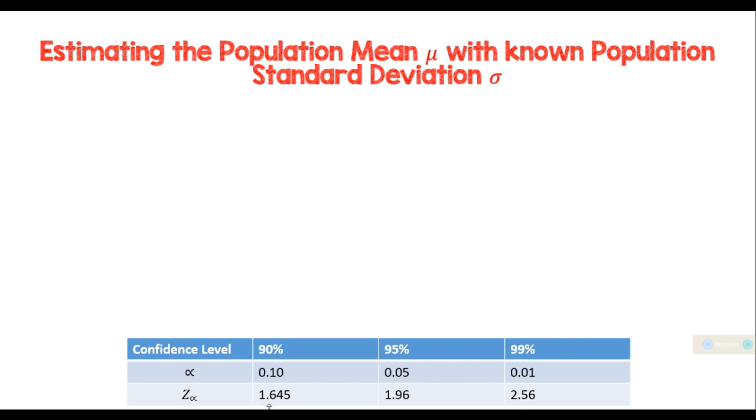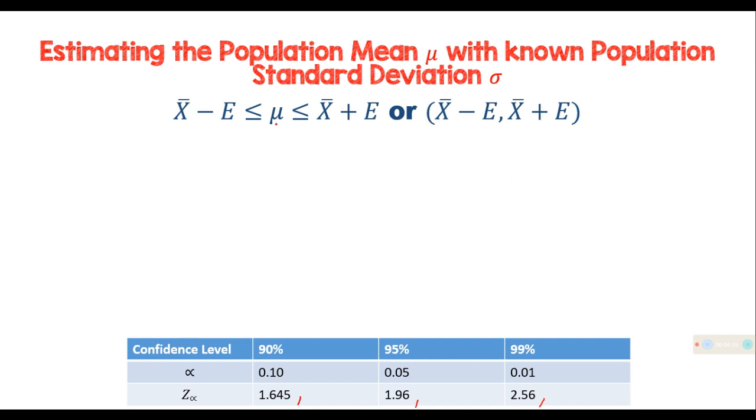So we have corresponding values in the Z table for each of these. For Z alpha, where alpha is equal to 0.10, we have 1.645. If your confidence level is 95%, you have 1.96, and then for 99%, we have 2.56. Please get used to these values because these are the confidence levels that we are going to use most of the time.